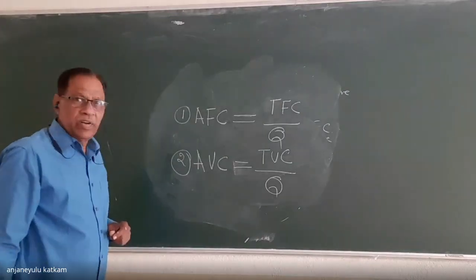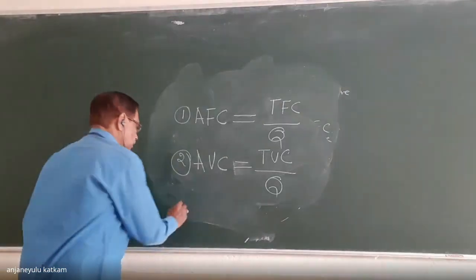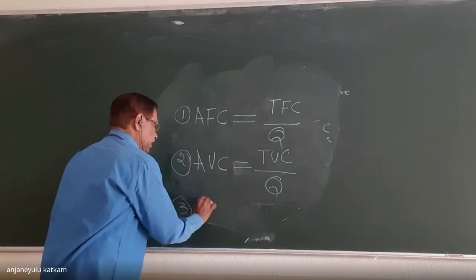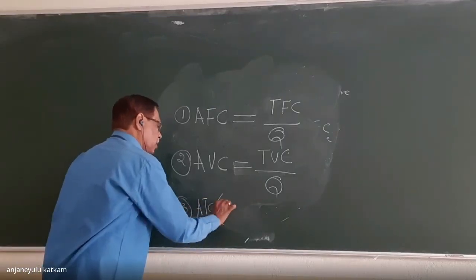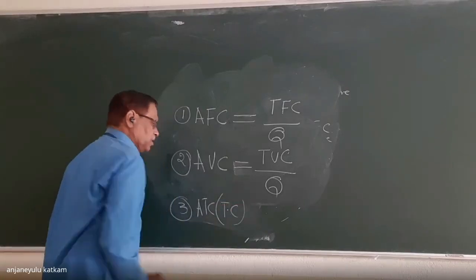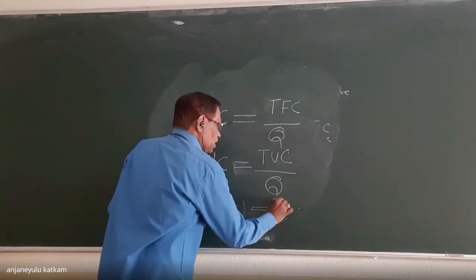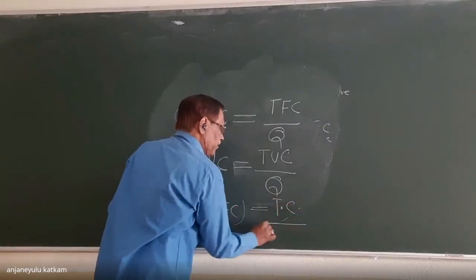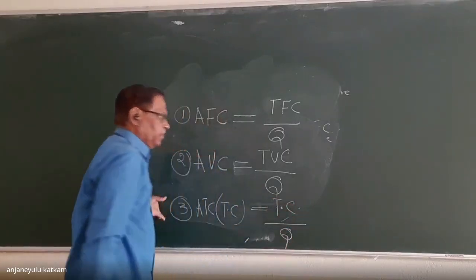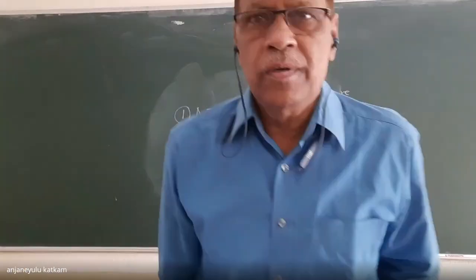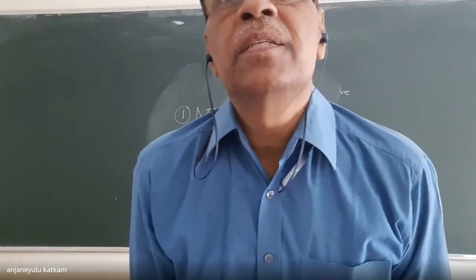Then average total cost, ATC, or you can also call it simply TC by Q, is equal to total cost divided by the amount of output. So like this, we can find out the averages of these three also.